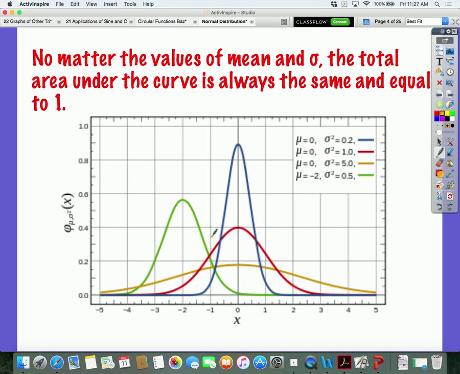So if you can make a conjecture here, the bigger the variance, the wider the curve. If you notice the green one, its mean is -2, so of course it's shifted over on the horizontal x-axis, and its variance of 0.5 is a pretty average, halfway spread.